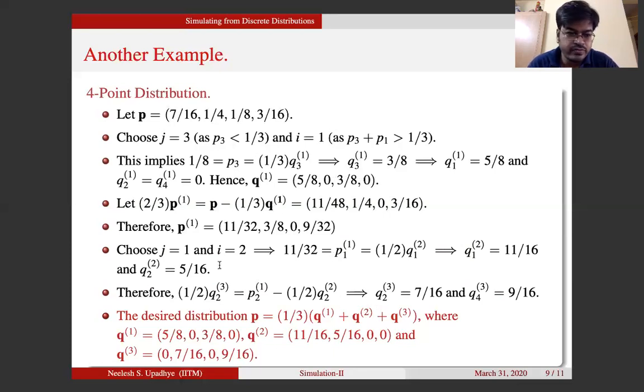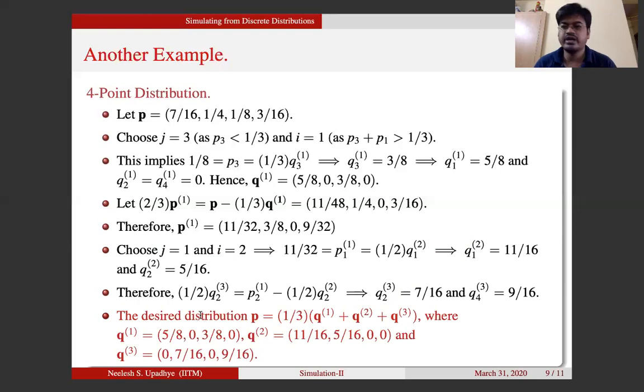Q2, we have figured it out here, that is 11 by 16 and 5 by 16, 0, 0, and Q3 is 0, 7 by 16, 0, 9 by 16. This is my three 2-point distributions which give an equally weighted average of P. This is the 4-point distribution.